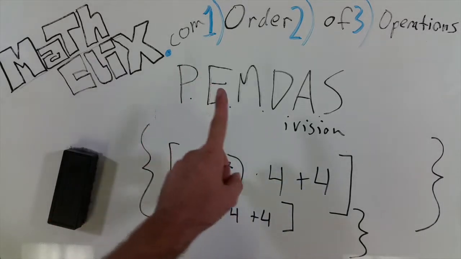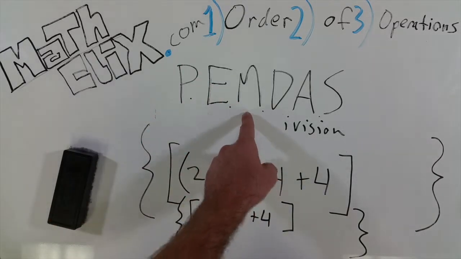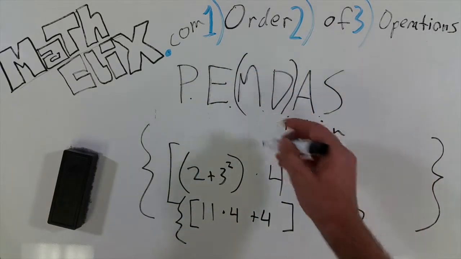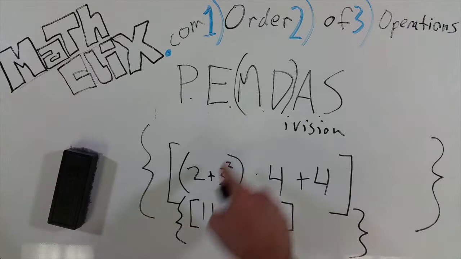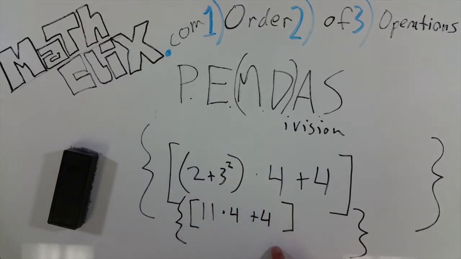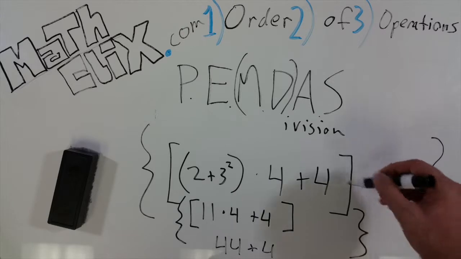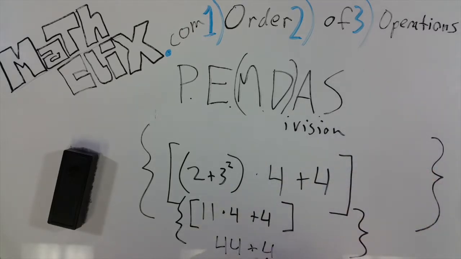So once again, the order is exponent first, and the multiplication and division, these are kind of at the same time. And we do it from left to right. So this is 44 plus 4 equaling 48. Now that that's taken care of, we have something else out here. Well, I already did it. As you saw, I took care of the multiplication.